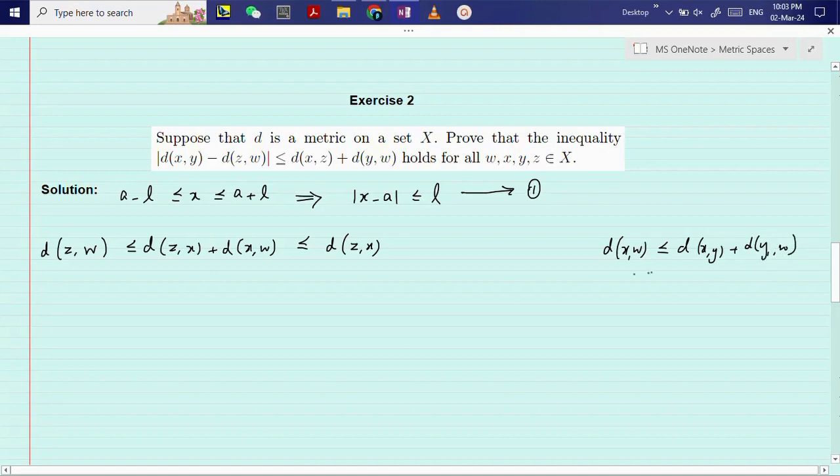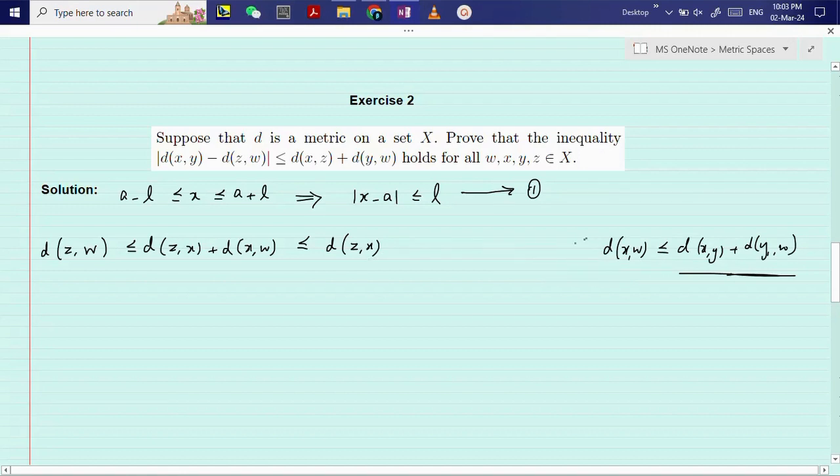Okay, so we can apply the triangle inequality for d of XW, which is less than or equal to this expression d of XY plus d of YW.